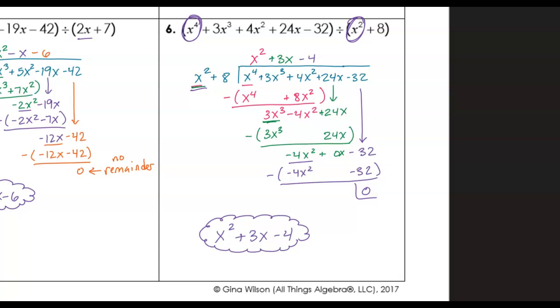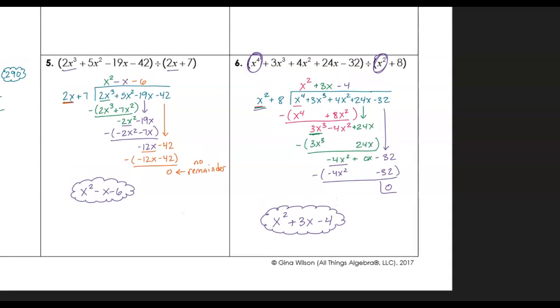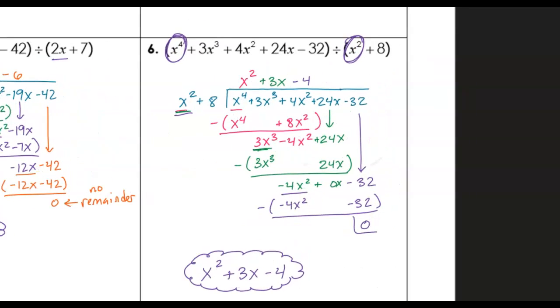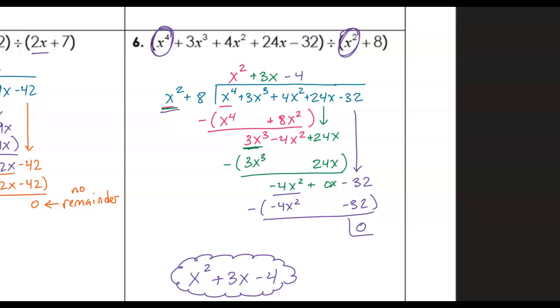Notice some of these have a remainder and some of them don't. What do you think it means about the ones that don't have a remainder? If I'm looking here, what does it mean about this in comparison to what was being divided, the polynomial? What does it mean about x squared plus 8?